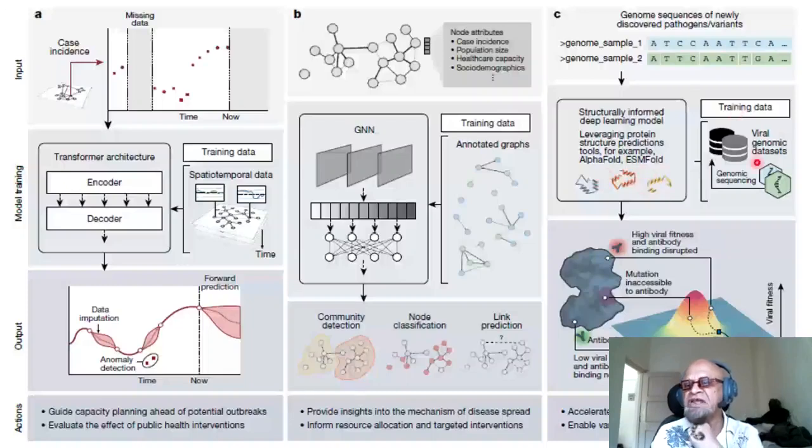But here is training data, viral genomic disease data sets, genome sequencing, so you do some interactions here to come up with high viral fitness and antibody binding disrupted, mutation inaccessible to antibody coming in here, predicted trajectory, viral fitness. So low viral fitness and antibody binding not disrupted.